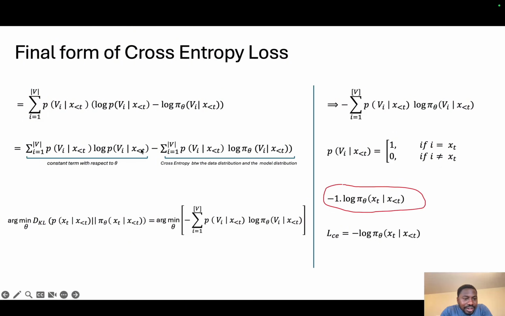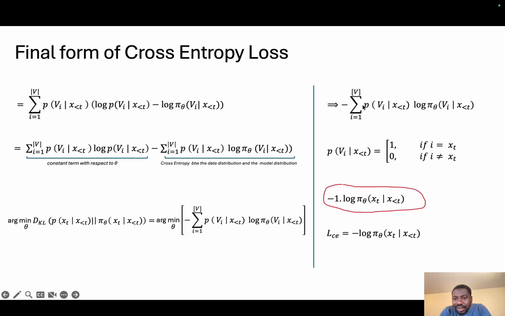So henceforth, we are going to cancel this out as a constant, and so we're going to have just this, where summation over the vocabulary, probability of vi given x less than t from the data, and then we have the log probability from the model distribution, so it gives us the cross entropy. And we know that at i equals xt, this is 1. At every other position, this is 0.